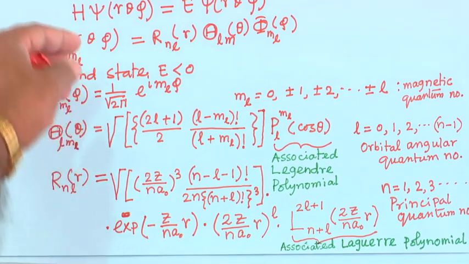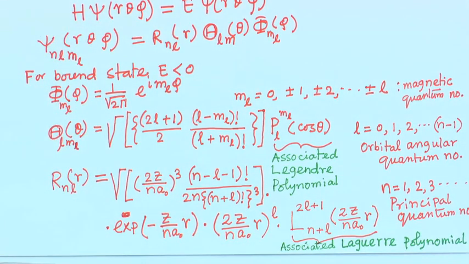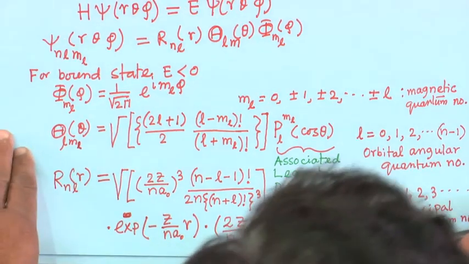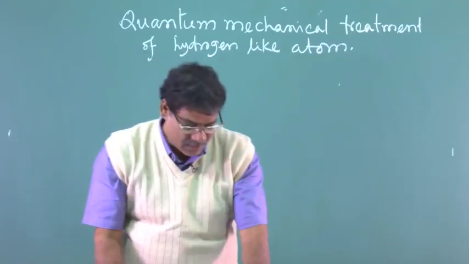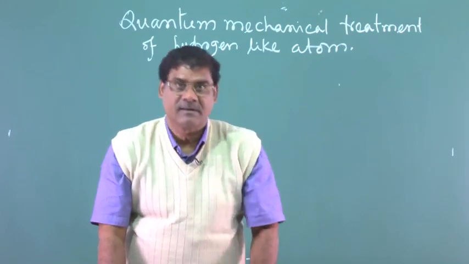So, for the detailed wave function, one has to know the form of the associated Legendre polynomial and the form of the associated Laguerre polynomial. That one has to know from mathematical physics, and these are standard wave function polynomials, which one can get from mathematical methods.